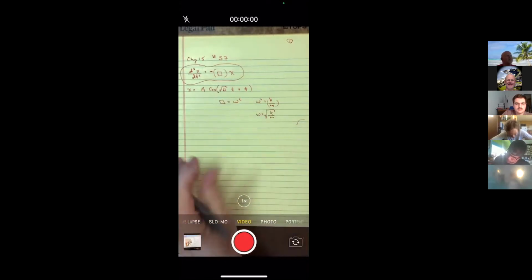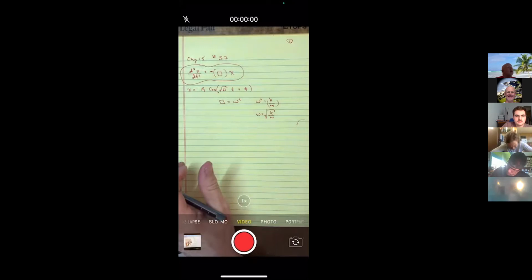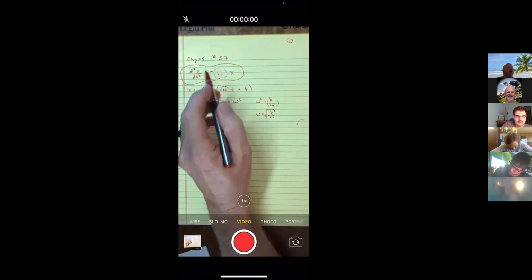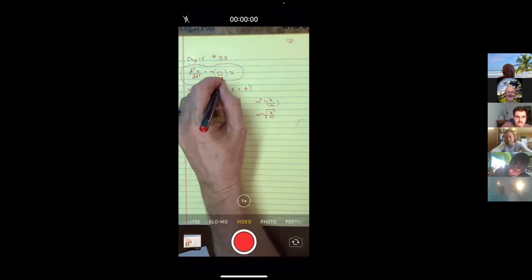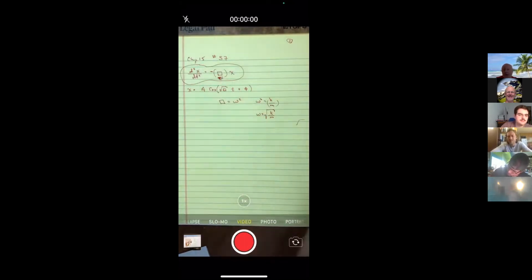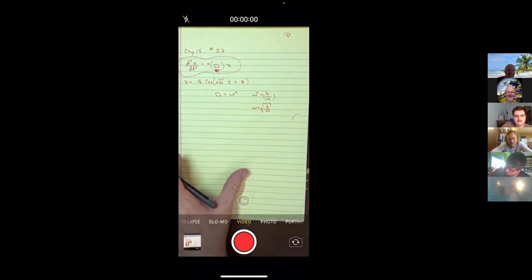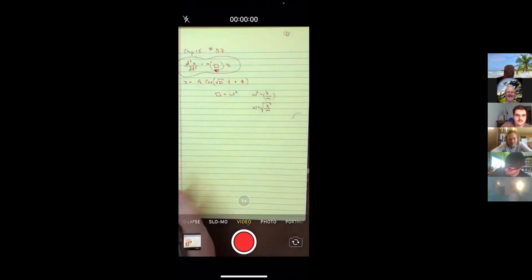So that's what this question is saying. It says, show that it's harmonic motion. So if I have that, that's showing it's harmonic motion. And for angular frequency, I can just take the square root of whatever's out in front. So that's my goal. That's my thinking. That's the big idea of this chapter.